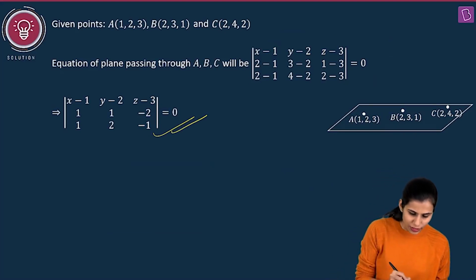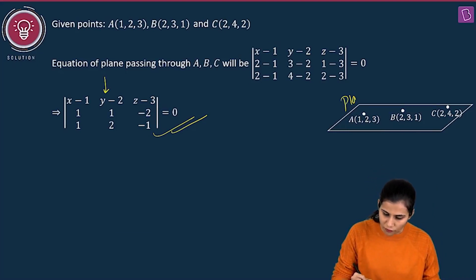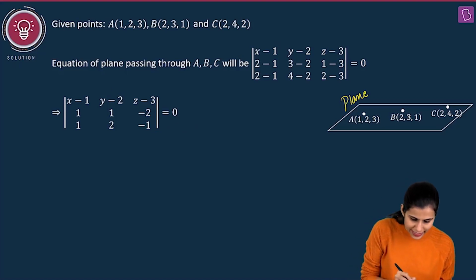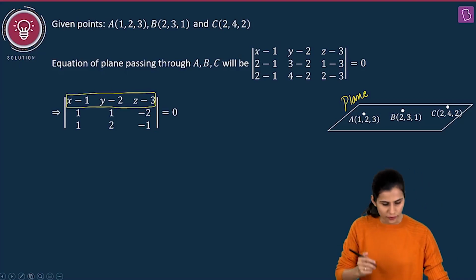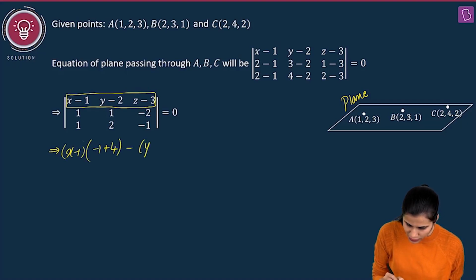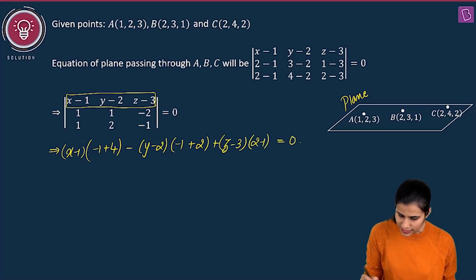Fine. So this is the very determinant that we will be solving in order to get the equation of this plane explicitly. So let's start. I am going to expand this determinant along the first row in order to solve it. So in the next step, this will give me (x minus 1) into (minus 1 plus 4), minus (y minus 2) into (minus 1 plus 2), plus (z minus 3) into (2 minus 1), equals 0.